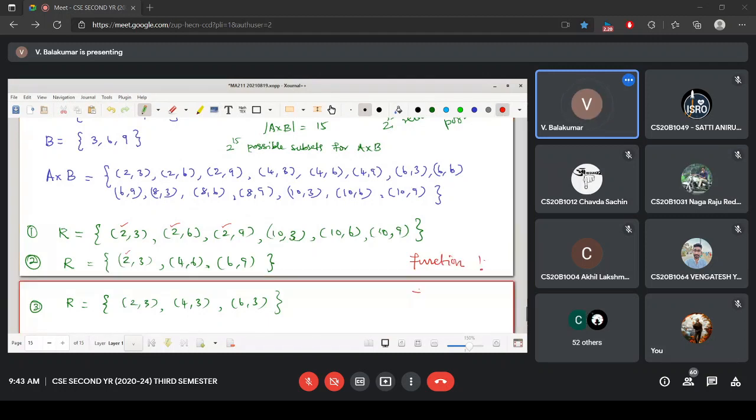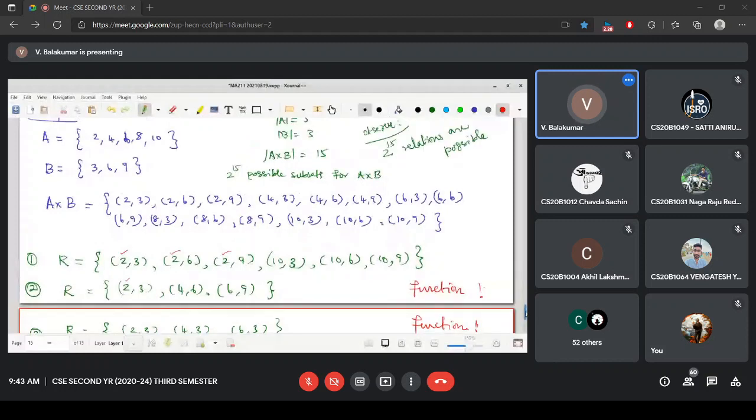This also. We want to define it. What does it mean? It means take one element from the first set, that is associated with only one element in the second set.